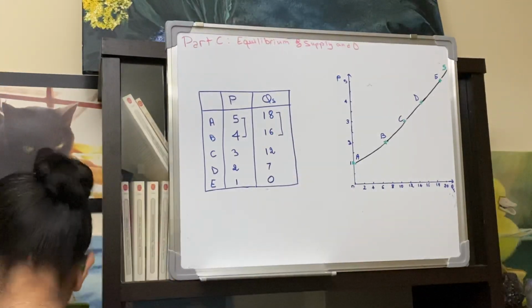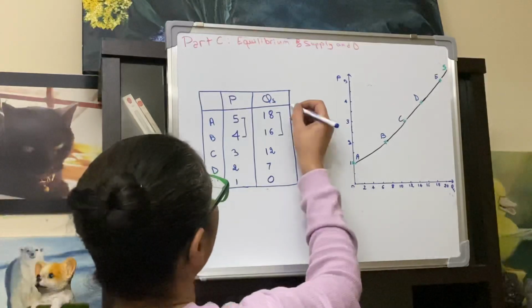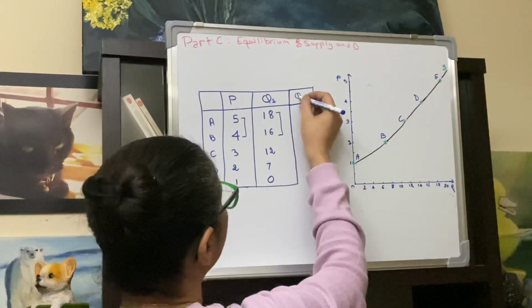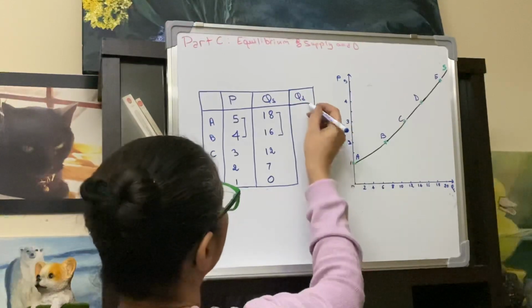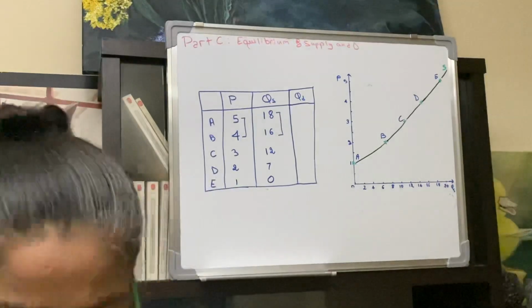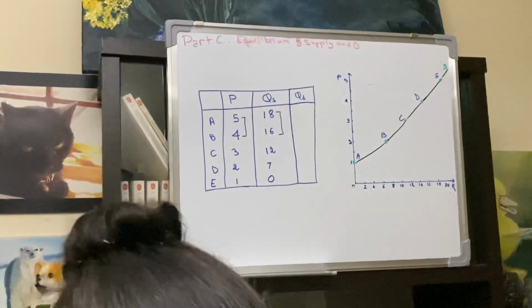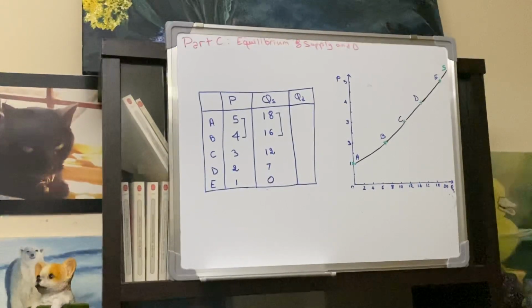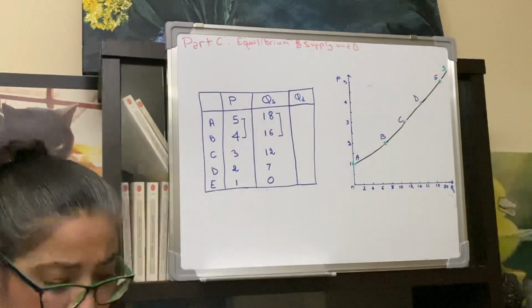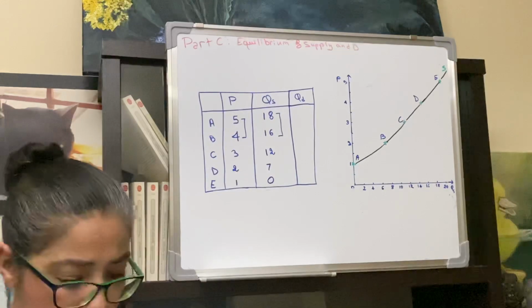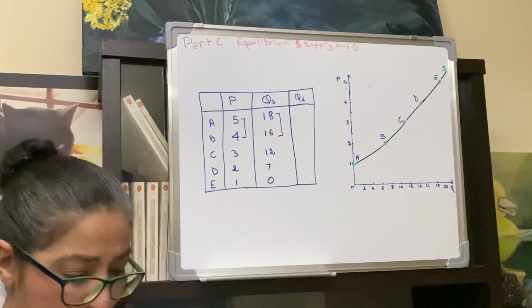Not this one, where is it? It's here. Okay, I'm going to add QD. In the book, if you want to go there, you go to page 54, table 3.5.